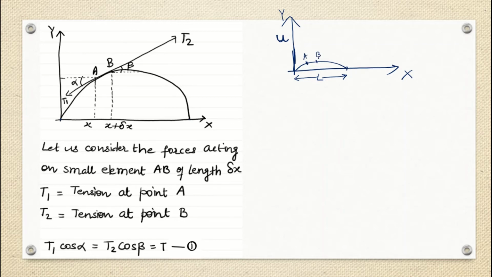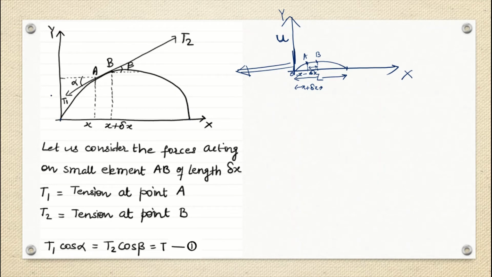Suppose I have named them A and B. Here we will be dealing with the tension at these two points. Point A is at distance x from the origin, and point B is at x plus delta x, a very small distance delta x apart from A. That means the distance between A and B is very small, delta x.